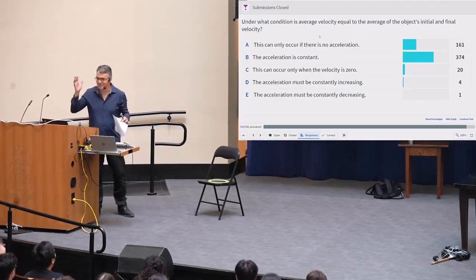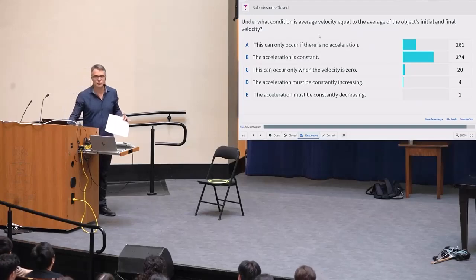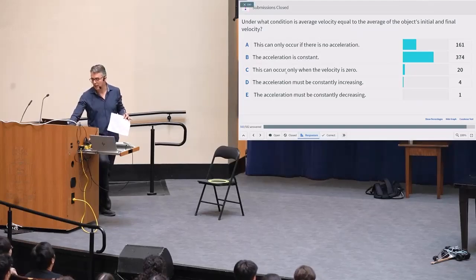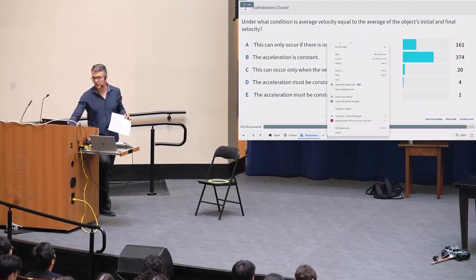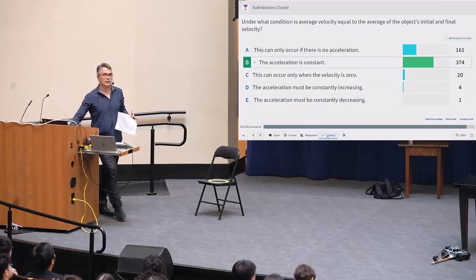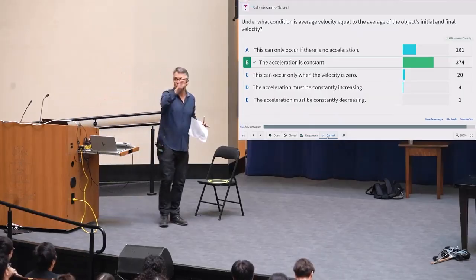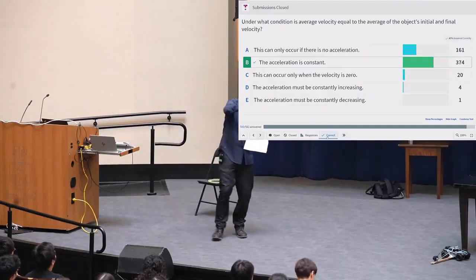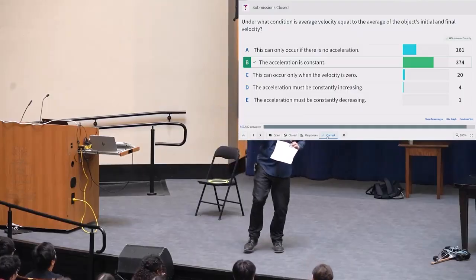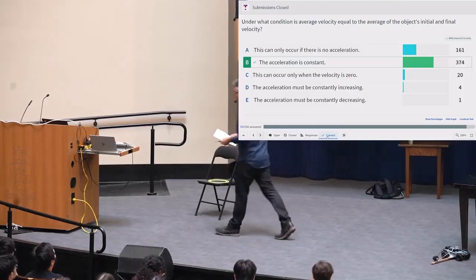That kind of thing. It's a math thing, but it's kind of the trivial case, and it's not the only case. So it is true that if the acceleration is constant, any constant value, then if you add the initial velocity plus the final velocity, divide by 2, you happen to get what the average velocity is.